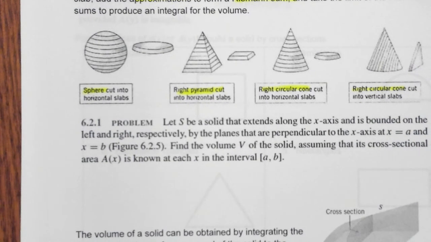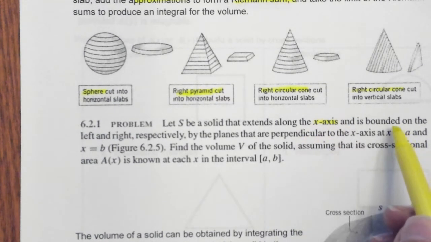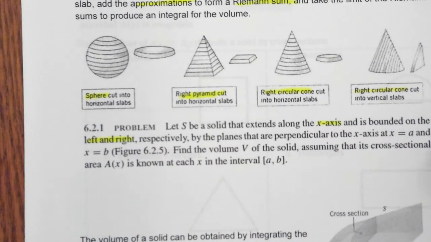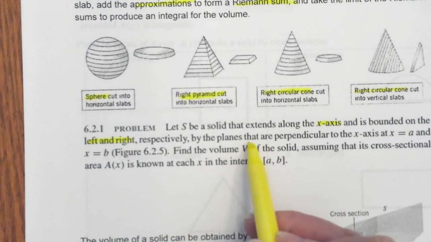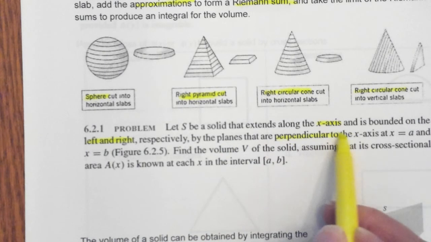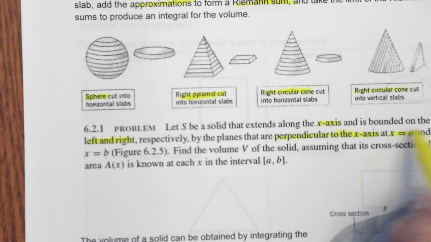So if we let S be a solid that extends along the x-axis and is bounded on the left and right hand side, okay, so this would create the area between two curves. And then we have these planes that are perpendicular to the x-axis, and you have your bounds of x is equal to a and x is equal to b.